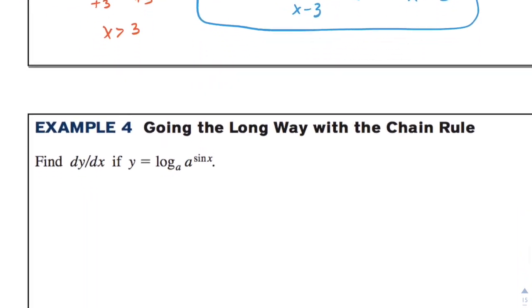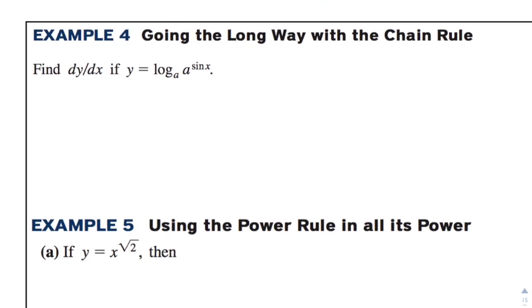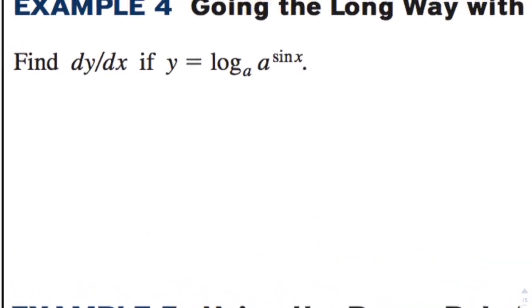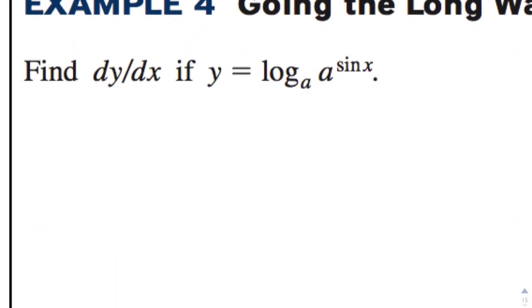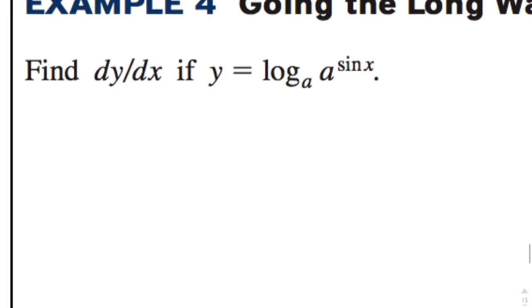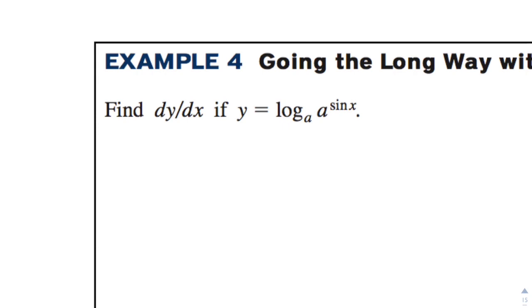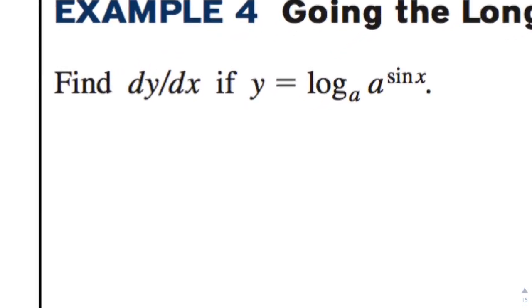Okay. Let's see, number 4, going the long way with the chain rule. There's a lot going on with this one. Let's come back to this one. Yeah, we can do this. All right, we're just going to have a lot going on.